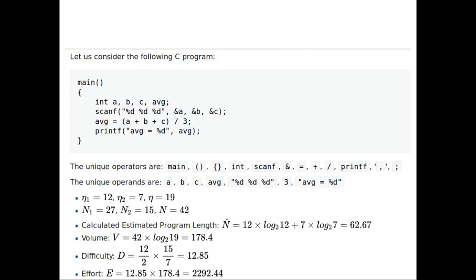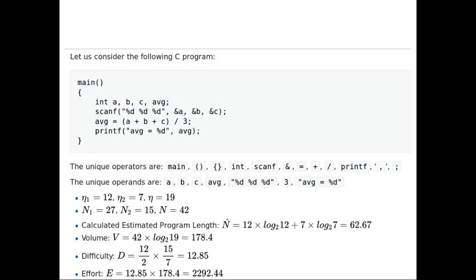Now substituting these values, Halstead program length H is represented here as N cap, which is equal to n1 into log n1 plus n2 into log n2, equal to 12 into log 12 base 2 plus 7 into log 7 base 2, which is equal to 62.67.